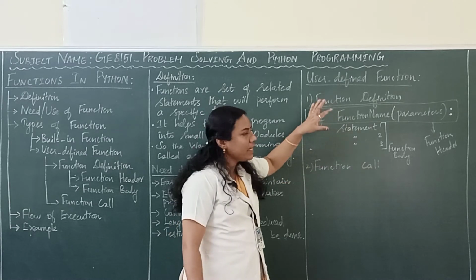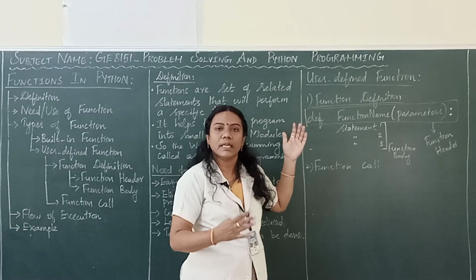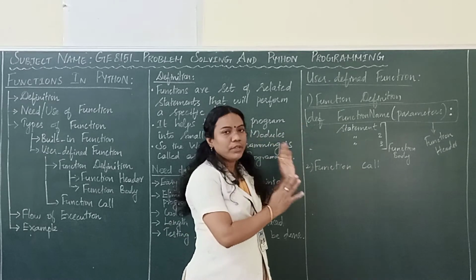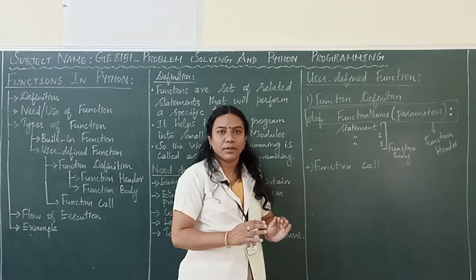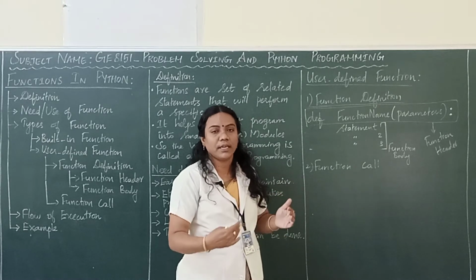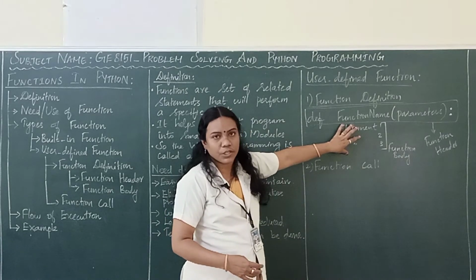The main use of function definition is to define a particular task. So this function definition will have the logic of a particular function, the implemented part is included in this function definition.